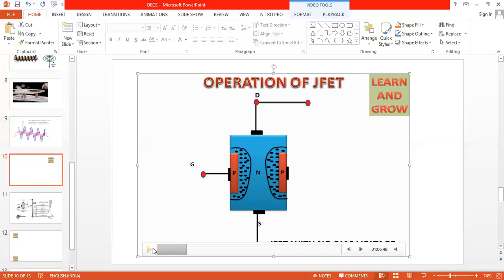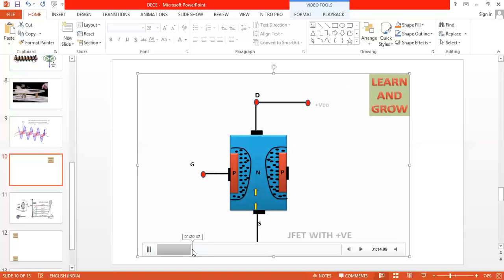Let us imagine a voltage source is connected. Now you can see the drain is connected to the positive terminal and the source is connected to the negative terminal.